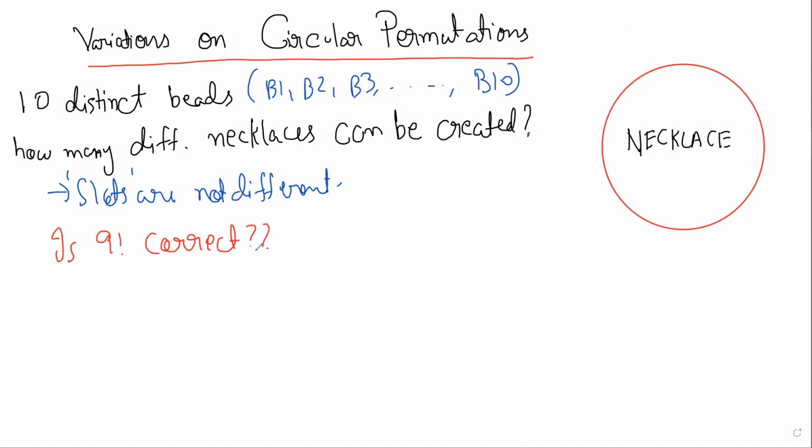Because these 10 distinct beads are like 10 distinct people, and this necklace is like the table. So why is it not 9 factorial, or is it 9 factorial?